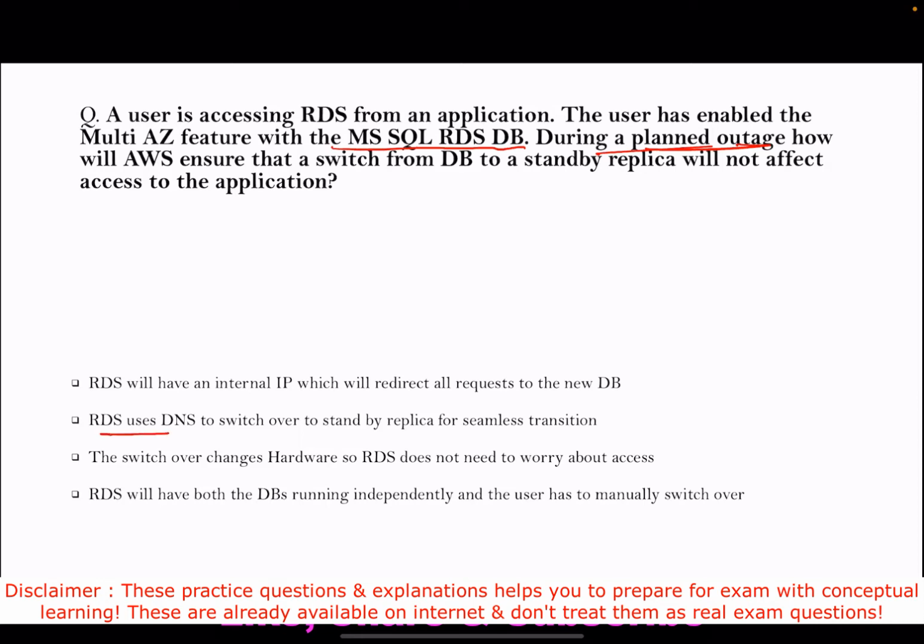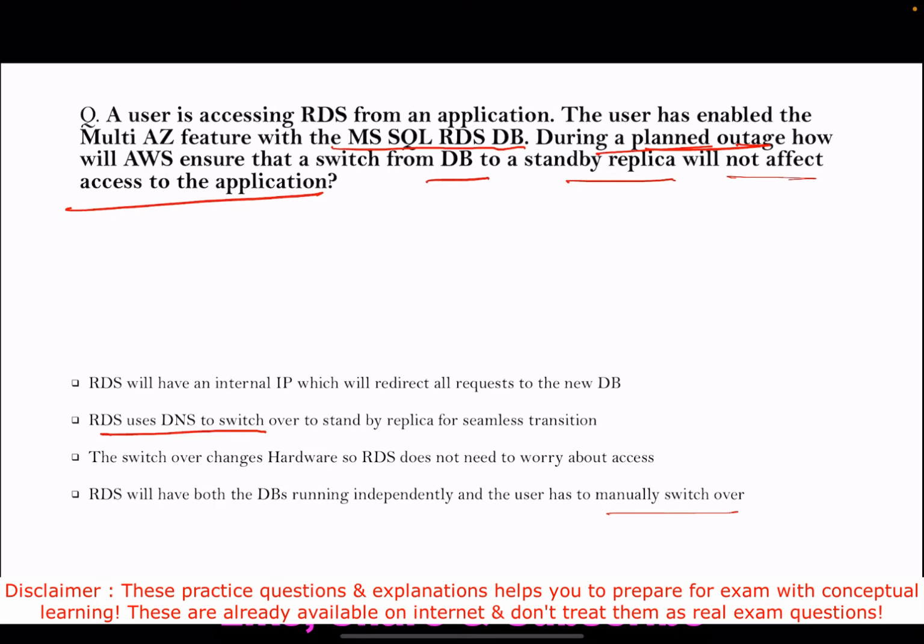RDS uses DNS to switch over to the standby replica for seamless transition. The third option, the switchover changes hardware, so RDS does not need to worry about access. The last option, RDS will have both the DBs running independently and the user has to manually switch over. So the thing is, here we need to ensure that a switch from DB to standby replica will not affect access to the application.